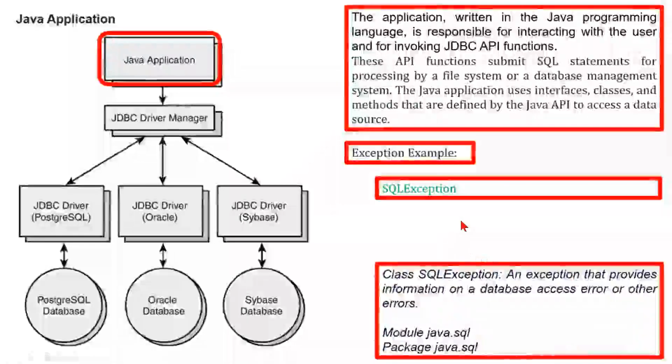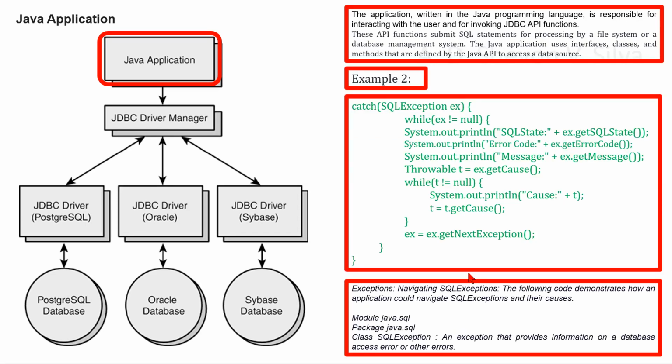As an exception example, we can consider SQLException. The class SQLException, an exception that provides information on a database access error or other errors. This is in the module java.sql and in the package java.sql.